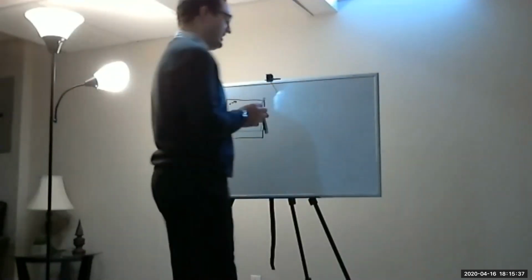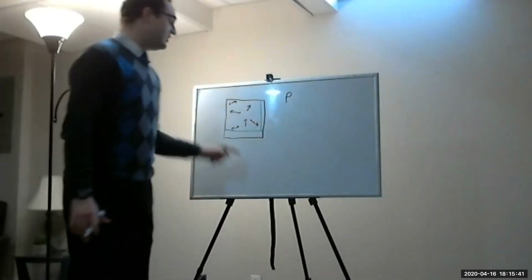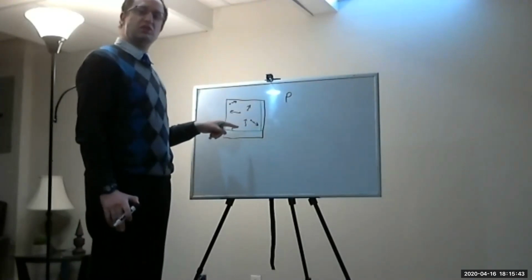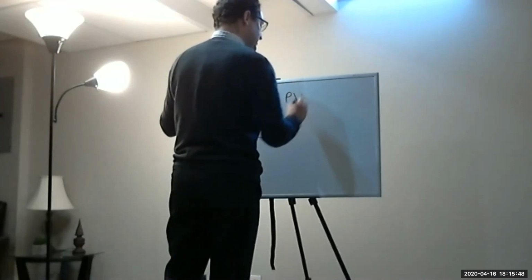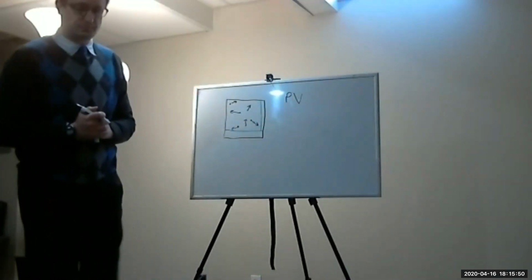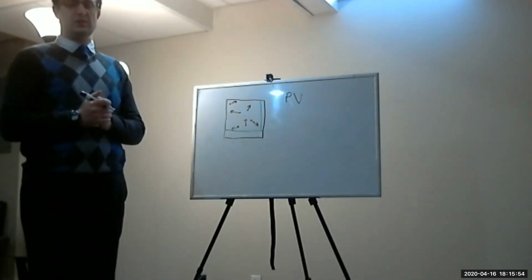Pressure. One of the things we're going to deal with in this ideal gas law is pressure, because I was already talking about changing the size of the container. Another thing we're going to deal with is volume. It turns out that pressure and volume end up being related to each other.